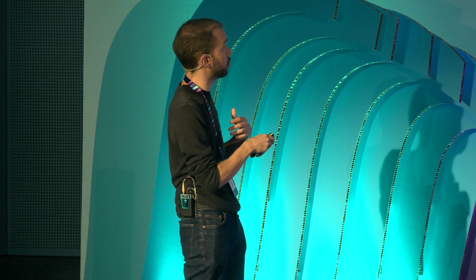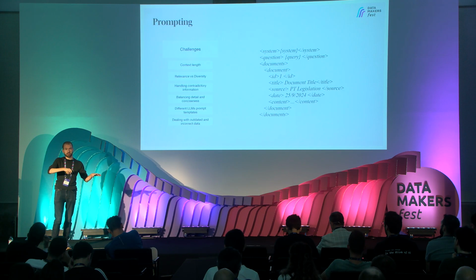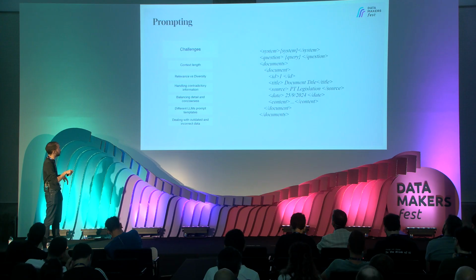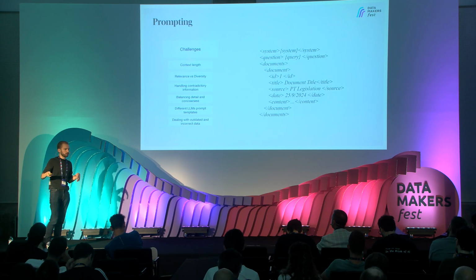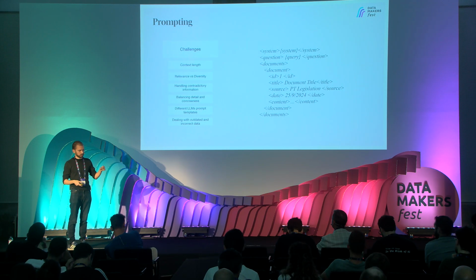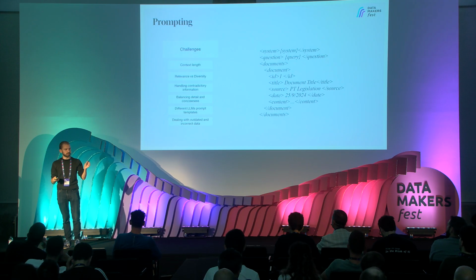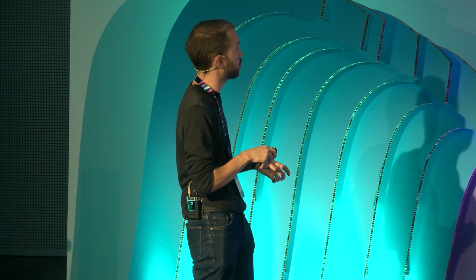That's handling contradictory information, because as I said, sometimes previous documents said one thing, the law is updated, and new documents say another. So we need to handle contradictory information. We also need to balance details and conciseness. For example, a lawyer wants to create a summary of a document. Okay, but what do you want? What key points do you want to maintain? What do you want to extract from that document? This is very important. Of course, we also have different LLM prompt templates.